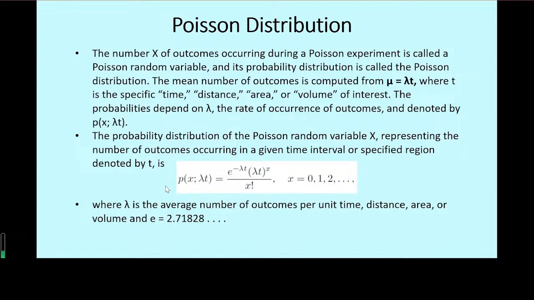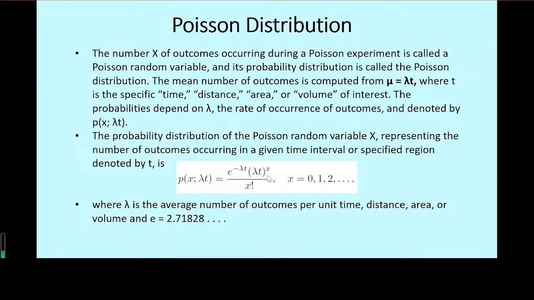And the calculation of the probability for a specific number x of occurrences in this time period, for example, 3 hours, can be calculated as the division of two parts. The denominator is this number's factorial. So for example, if we want to find out the probability of occurring 2 times in 10 hours, here we have to fill in 2 factorial in the denominator.